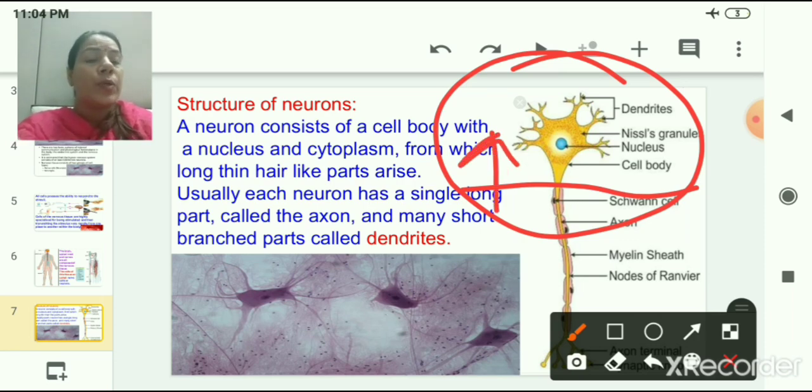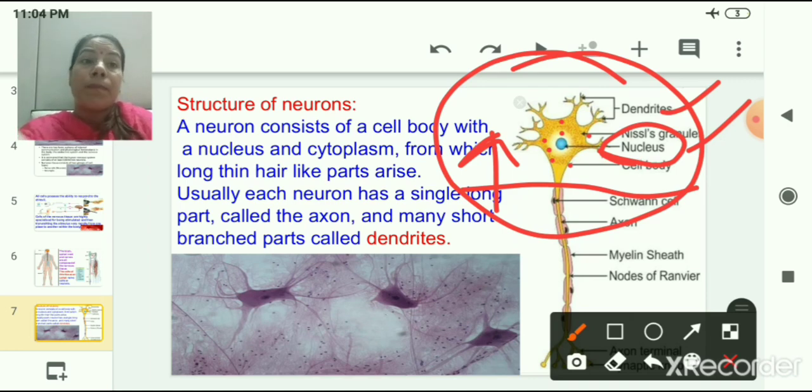In the cyton you will see dendrites, which are hair-like projections or branching that make this part star-like, and Nissl's granules, and you will also see a very dense and prominent nucleus, and around that nucleus there is cytoplasm.